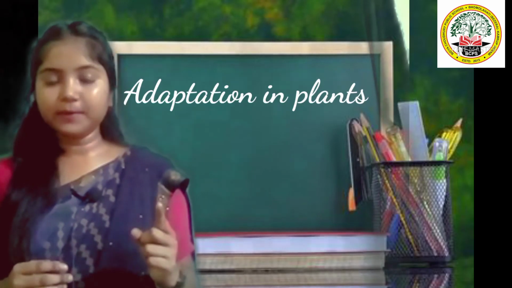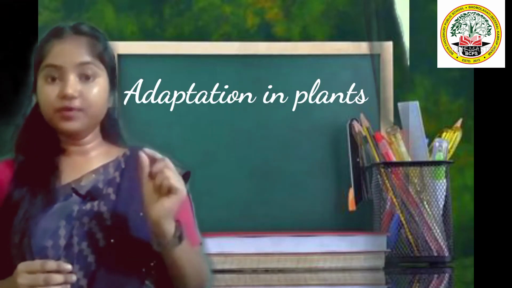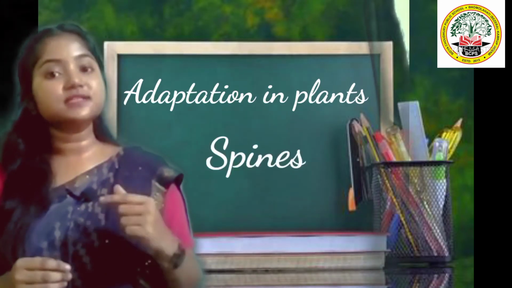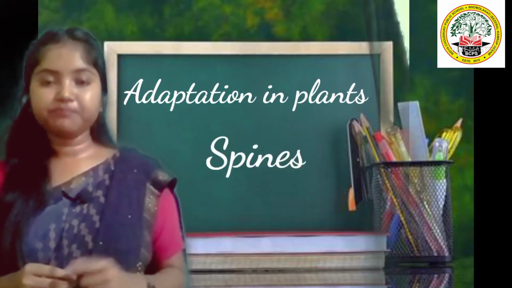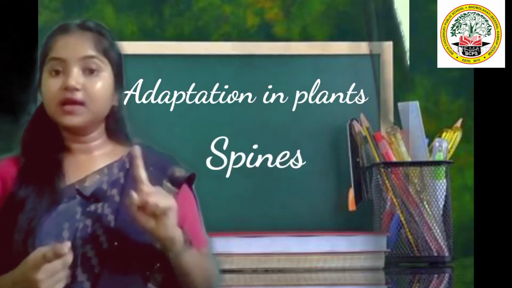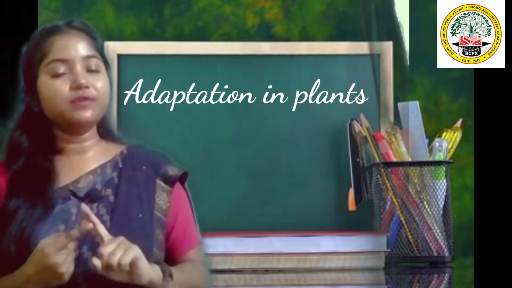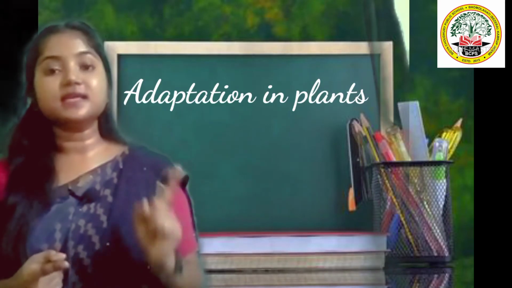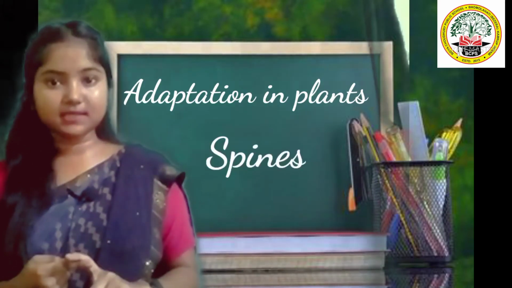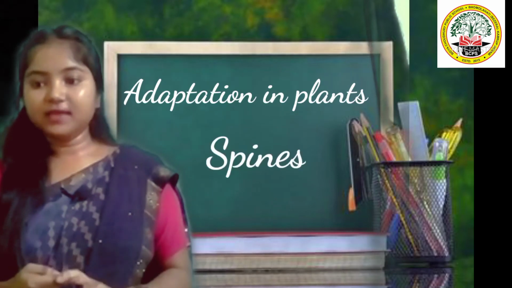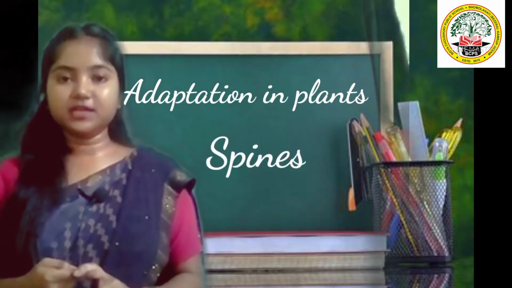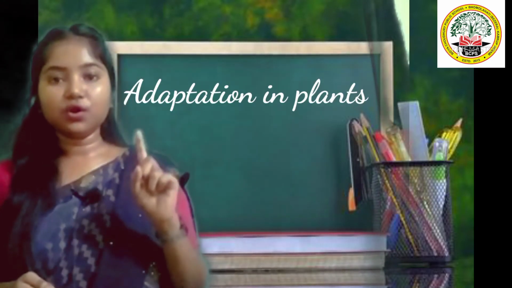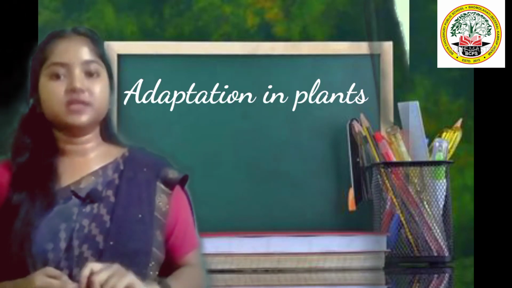Remember this: desert plants have very small or very few leaves, present in the form of spines. This prevents loss of water through transpiration.